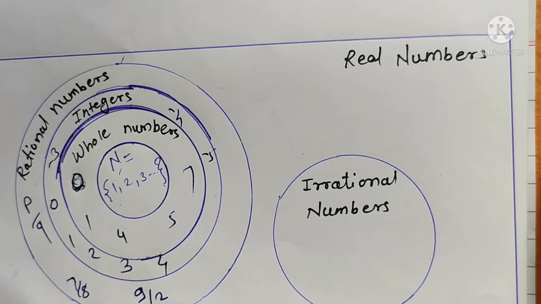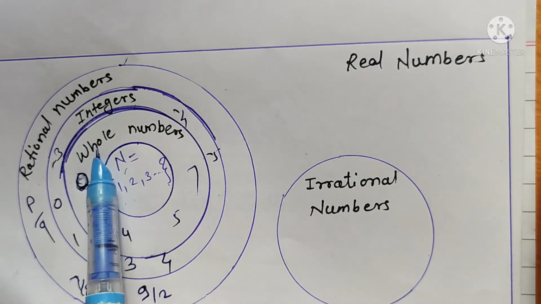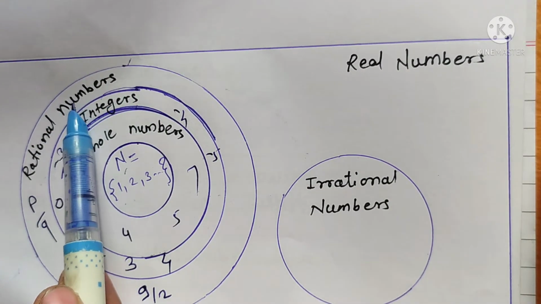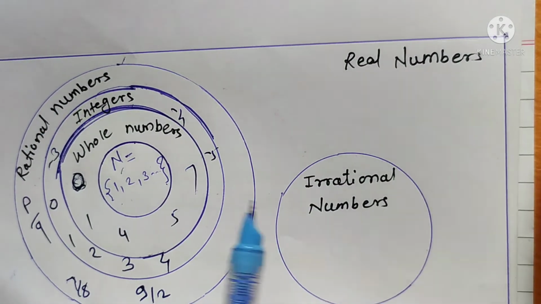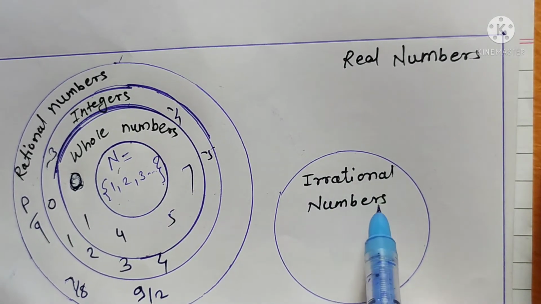Rational numbers are the numbers which we can write in the form p by q, where q is not equal to 0 and p and q are integers. So first come natural numbers, then whole numbers, then integers, and then rational numbers. With all these numbers, one more type of number is also included, called irrational numbers.